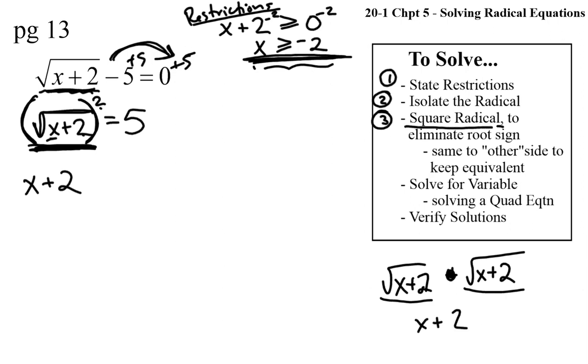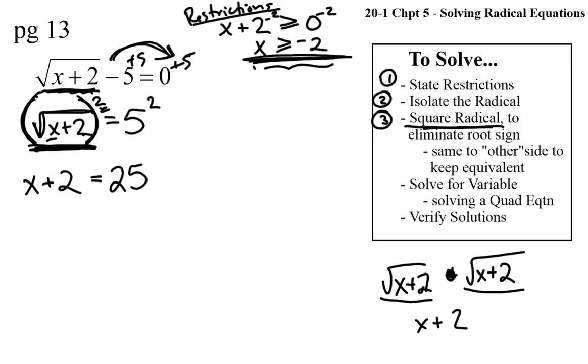So squaring the radical gets rid of our root sign. But remember, equations, whatever you do to one side, you have to do to the other. So we now have x plus 2 is equal to 25.